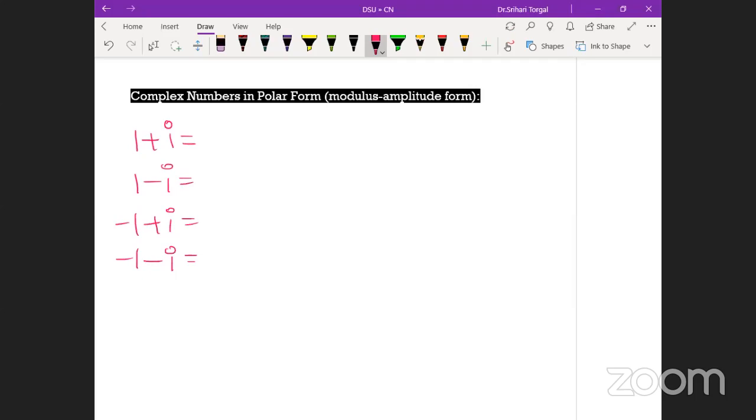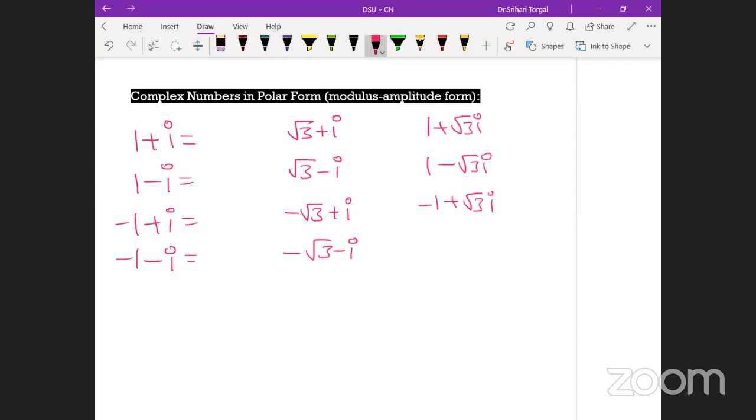Now, root 3 plus i, root 3 minus i, minus root 3 plus i, minus root 3 minus i. 1 plus root 3 i, 1 minus root 3 i, minus 1 plus root 3 i, minus 1 minus root 3 i. 1, minus 1, i, minus i.